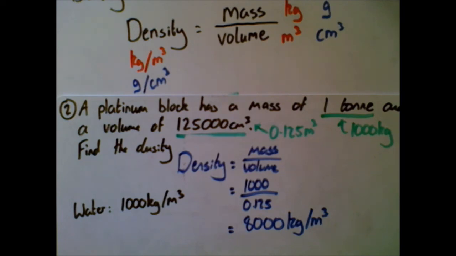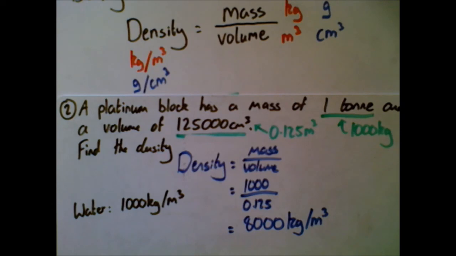So for example, platinum here with its density of 8,000 kilograms per cubic metre would sink if you put it into water, because that density is higher than that density. If you had something with a density of, say, 900 kilograms per cubic metre, then it would float because the density is less than that of water. All right, and that's what decides whether things are going to float or sink.